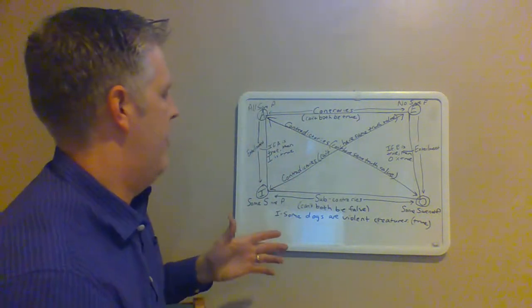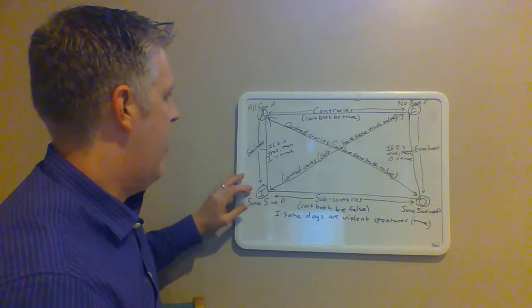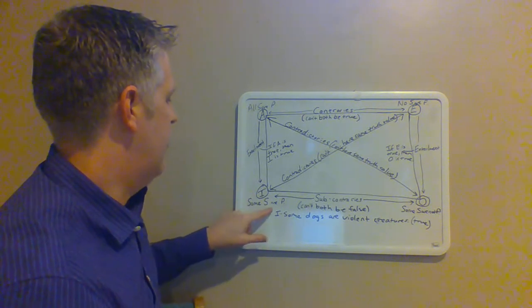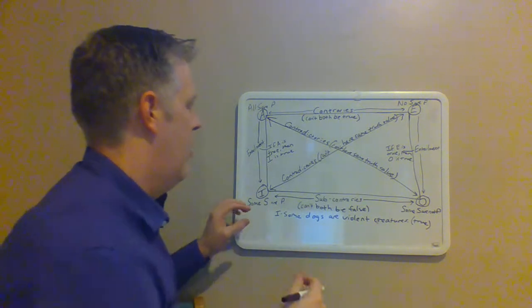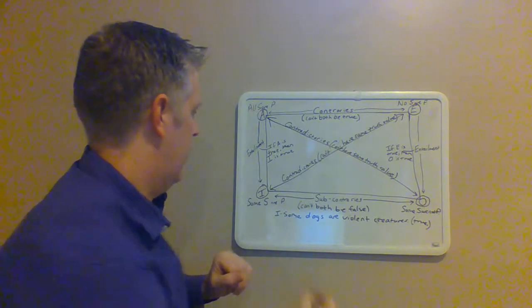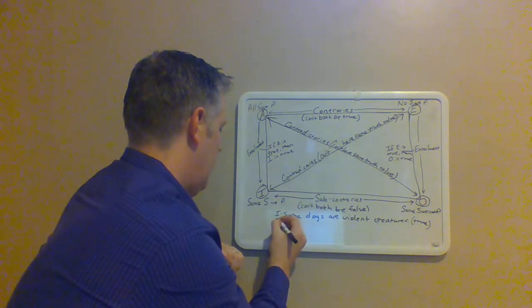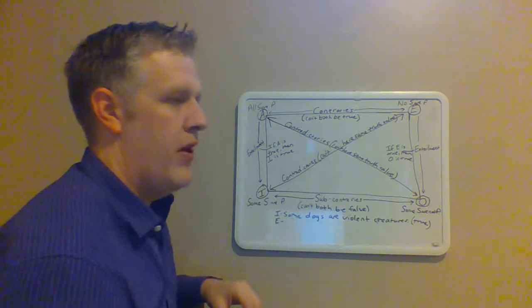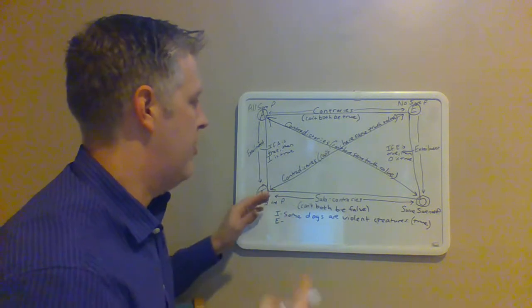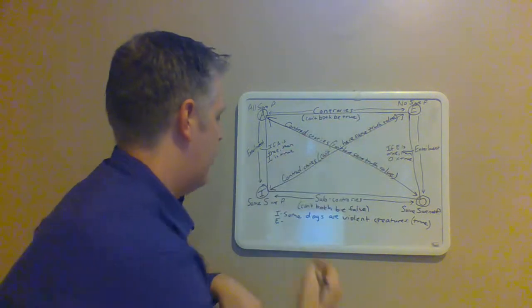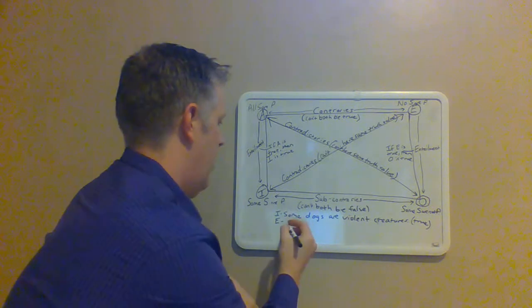What can we infer then? So we're starting at the I, and we know that that is true. Some dogs are violent creatures. Well, again, I like to work with the contradictories because right off the bat, we can always know the truth value of at least one corresponding claim, namely the contradictory. We know it's going to have the opposite truth value.